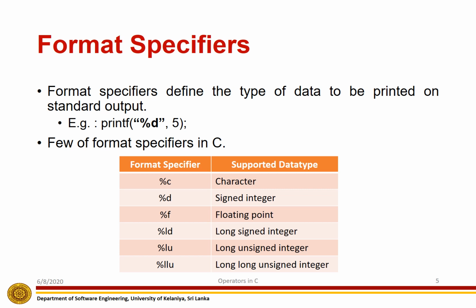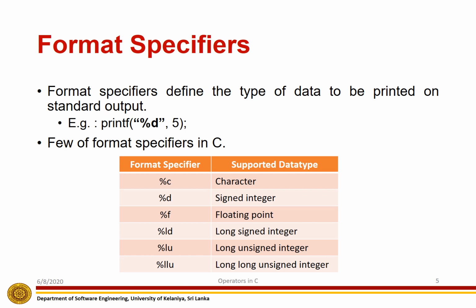So in the slide, you can see a few format specifiers that we are using in C coding. %c for character types, %d for signed integers, %f for floating point data types, %ld for long signed integers, %lu for long unsigned integers, and %llu for long long unsigned integers.